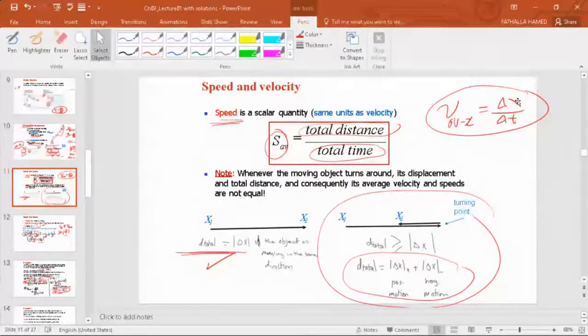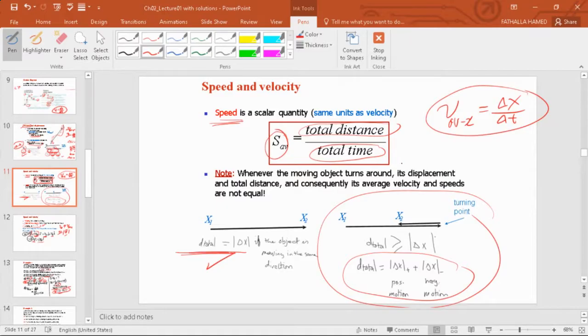Now, we already dealt with average velocity, which is equal to delta x over delta t. Now, there is something that we call average speed, and we use S here, not V, to distinguish that we're talking about speed. Average speed is equal to the total distance divided by the total time.